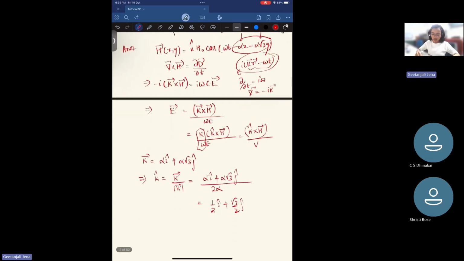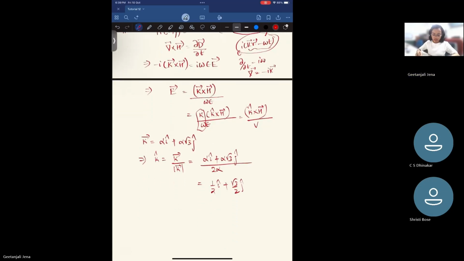Now we can find out what is the electric field.